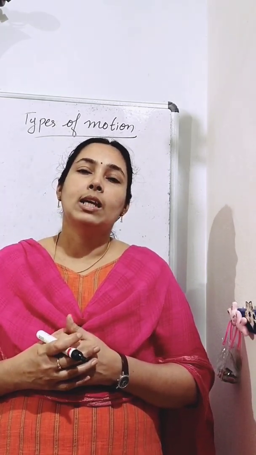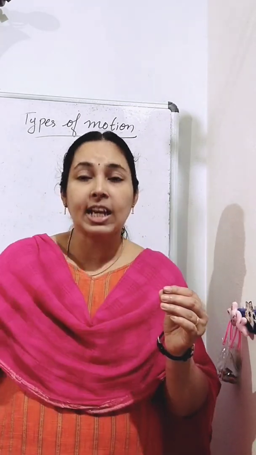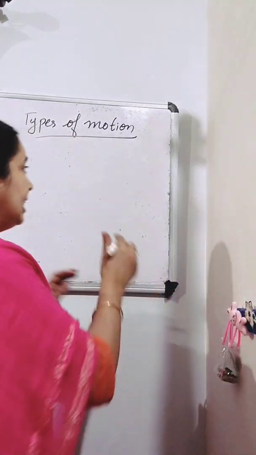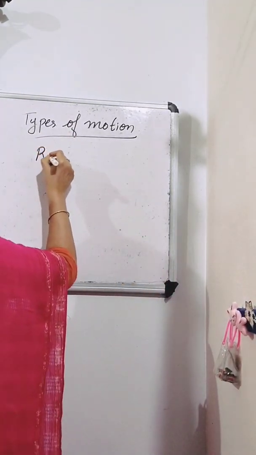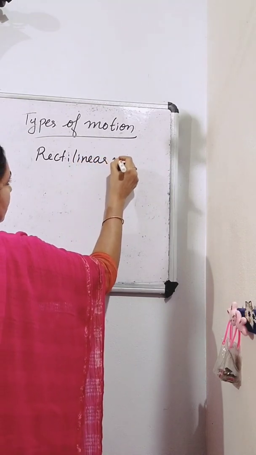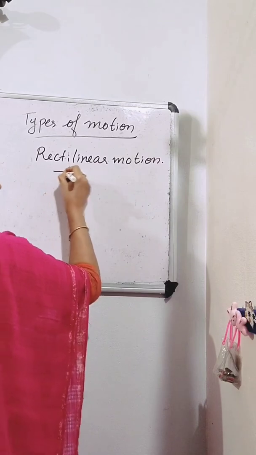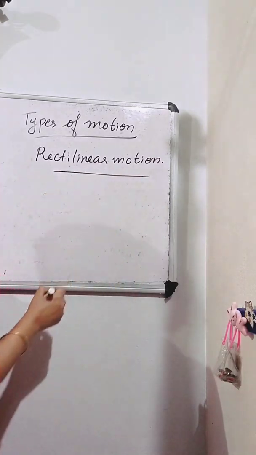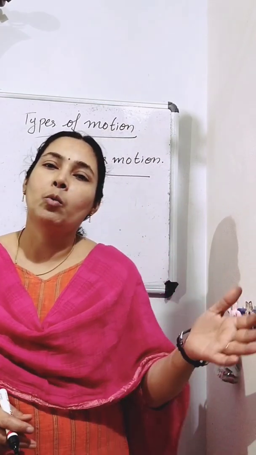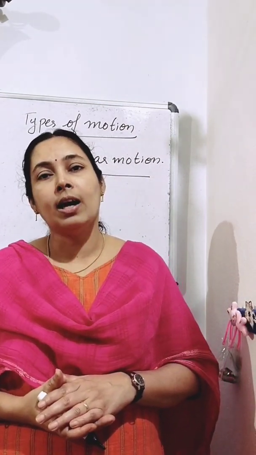If the motion is in a straight line, that type of motion is called rectilinear motion. So rectilinear motion means if the motion is in a straight line, we can call it rectilinear motion. Example, a car moving on a straight road, or sprinters in a 100-meter race.